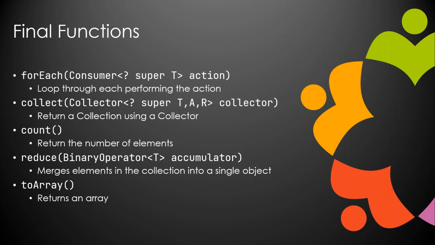Count returns the number of elements, and reduce merges all of the elements in the collection into a single object. So that would be done, well, we'll see an element of where that can be done. And toArray returns all of the elements just as an array. So collect returns them as a list. toArray returns them as an array.